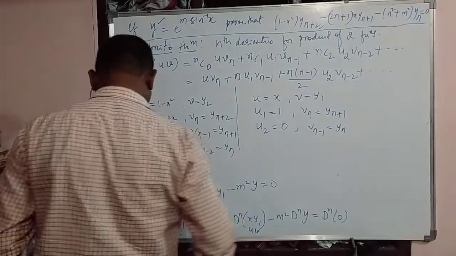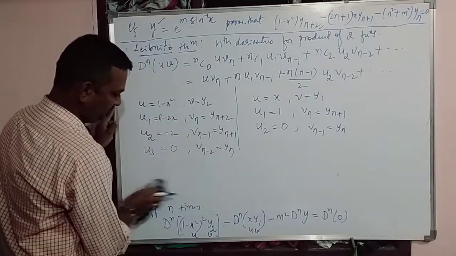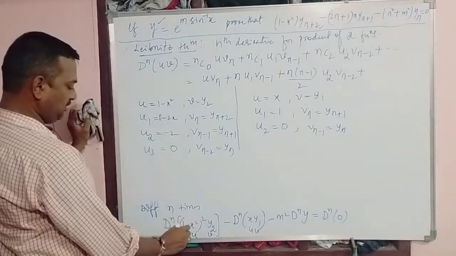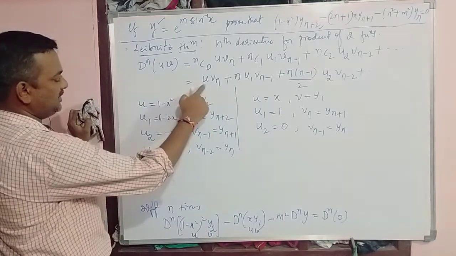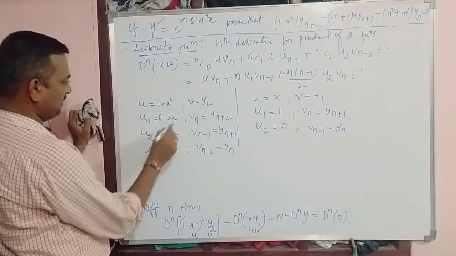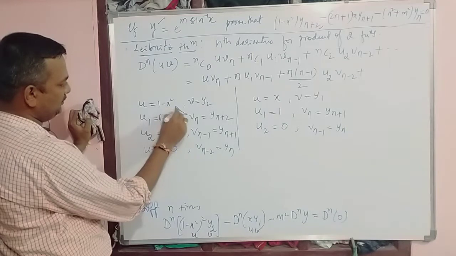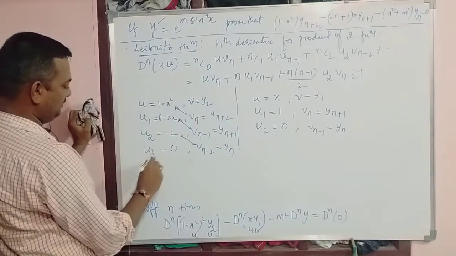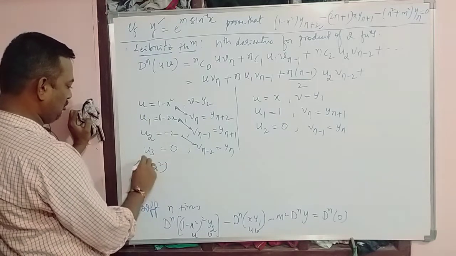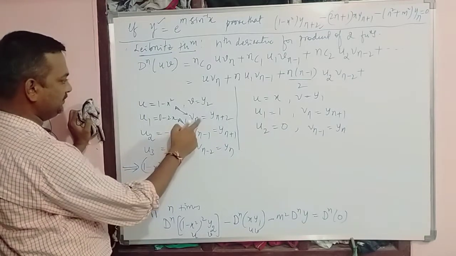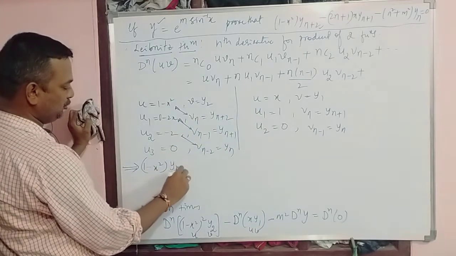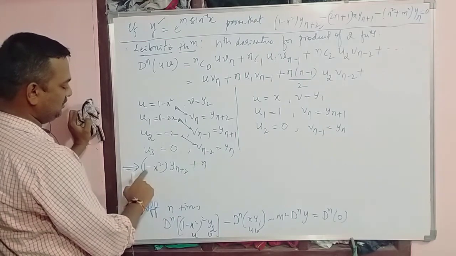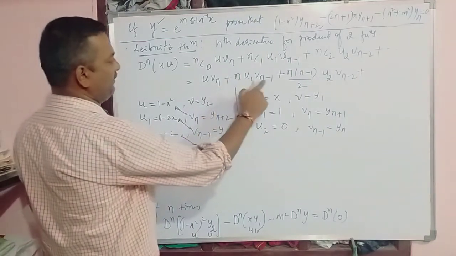Now look at this one, a product of two terms. Applying this, first u is 1 minus x square. I told you already you need to use these two. u vn: u is (1 minus x square) into yn plus 2, plus n into u1 vn minus 1.